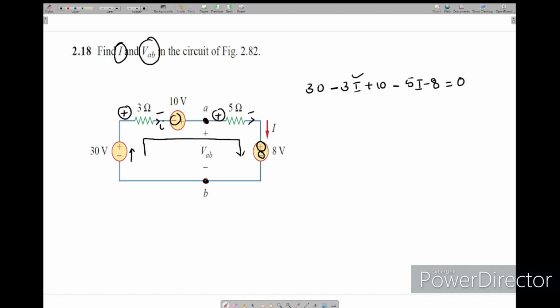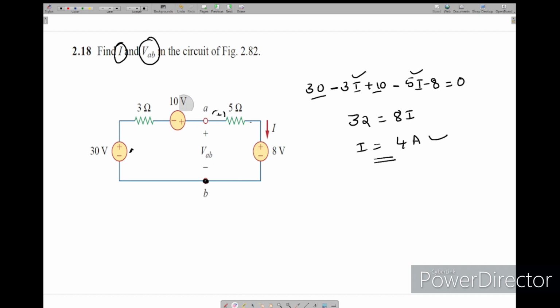Now simply 3I plus 5I, 8I, will take that side, it is 8I. 30 plus 40 minus 8, it is 32 equal to 8I. I equals 4 amps. This is the current in the network. Or we can solve by using this method also. Earlier what I explained, see now.